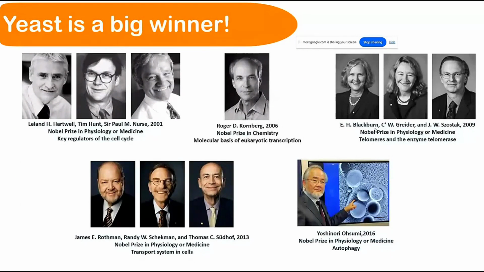That means autophagy, right? So you would see that Saccharomyces cerevisiae has earned as many as 5 Nobel Prizes, right, for several people. 1, 2, 3, 4, 5, 6, 7, 8, 9, 10, and 11. So 11 people could get Nobel Prizes just because of Saccharomyces cerevisiae. So I do not know if some of you would be interested in getting Saccharomyces cerevisiae and starting your work, hoping that you get a Nobel Prize also.